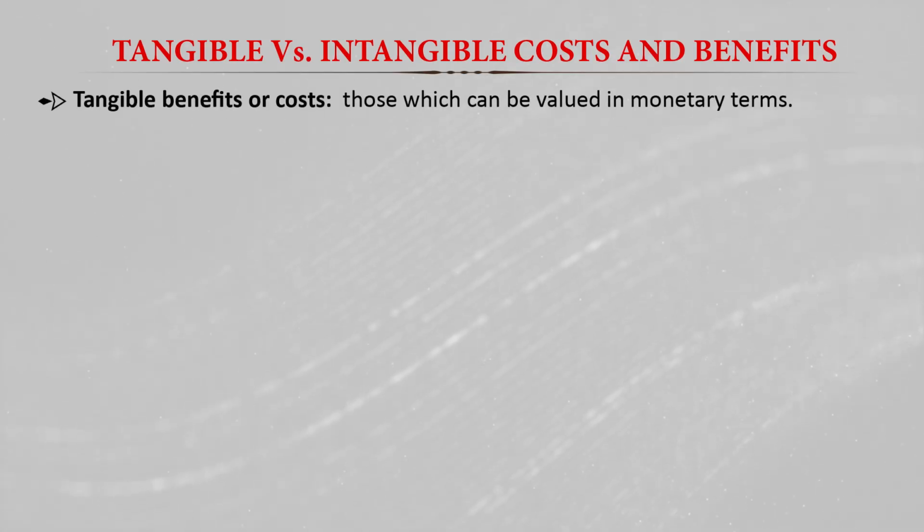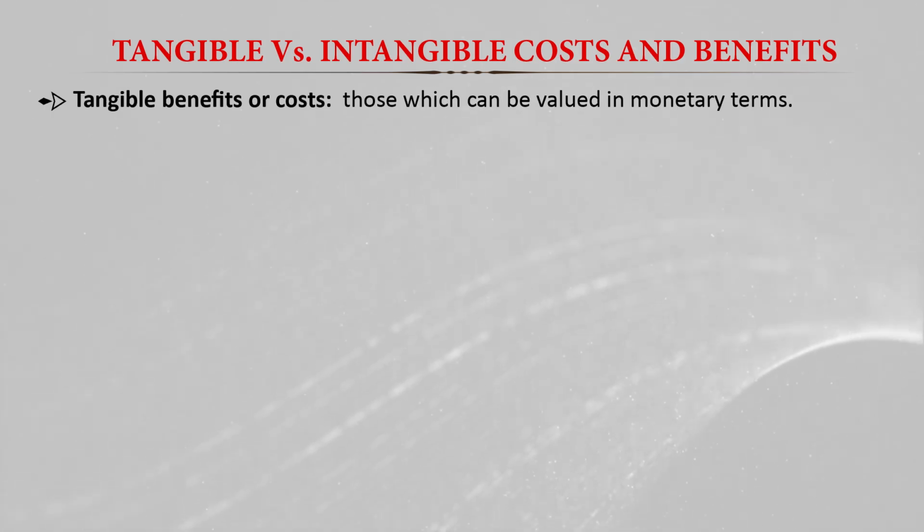So our focus today is on the tangible and intangible cost and benefit, and our major focus is basically on the tangible and intangible costs. Here we can define them.